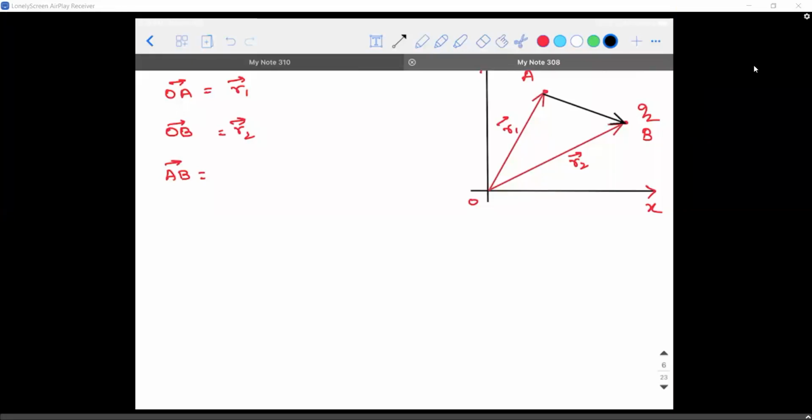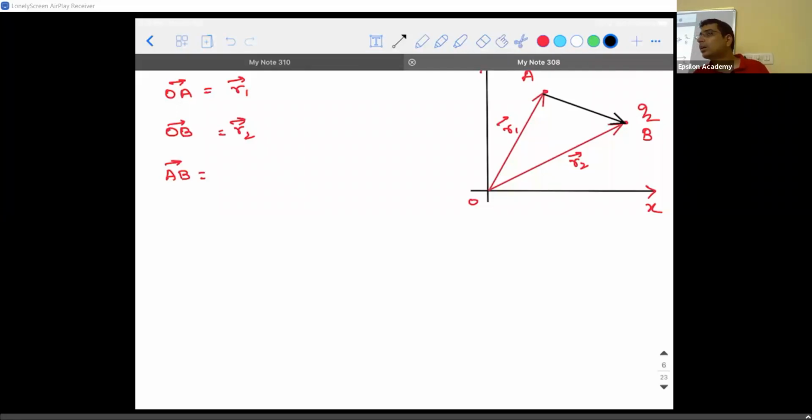So what does the triangle law of addition of vectors state? Very good. So they are said to be continuous vectors. If you have two continuous vectors which are represented along the sides of a triangle taken in order, what do you mean by in order? The ending point of the first vector will be the starting point of the second vector.